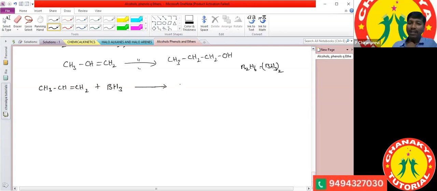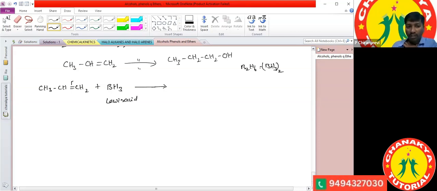Electron acceptor is called a Lewis acid. They accept electrons because they are electron-deficient molecules. In this reaction, BH3 acts as a Lewis acid.